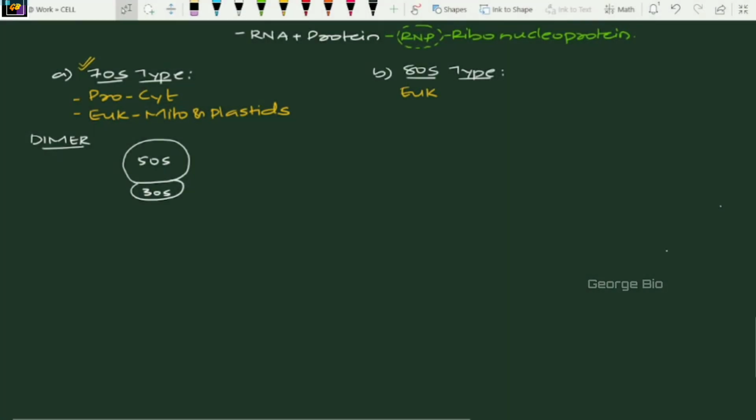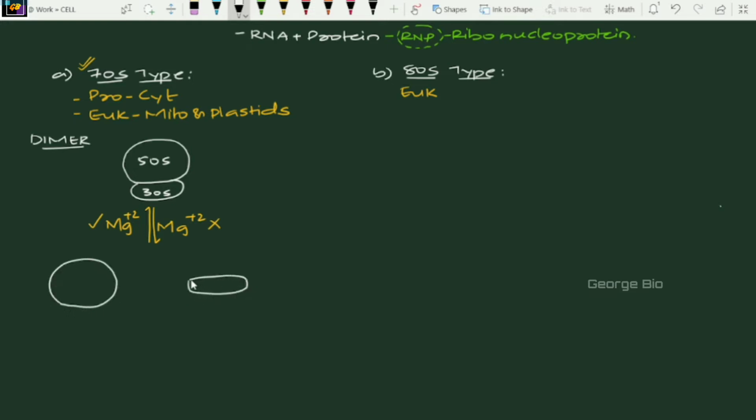Now these two subunits associate or dissociate depending on the presence of Mg+2. If Mg+2 is present, they will be united. If Mg+2 is absent, they will get dissociated, separating into a larger subunit and a smaller subunit. The larger subunit is made of specific proteins and rRNA subunits.